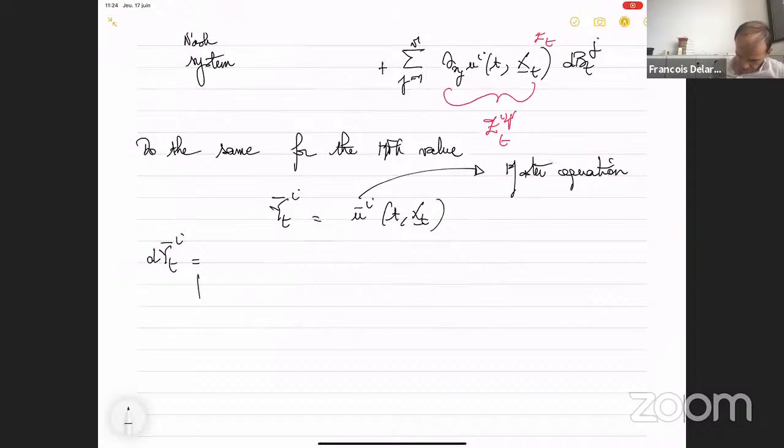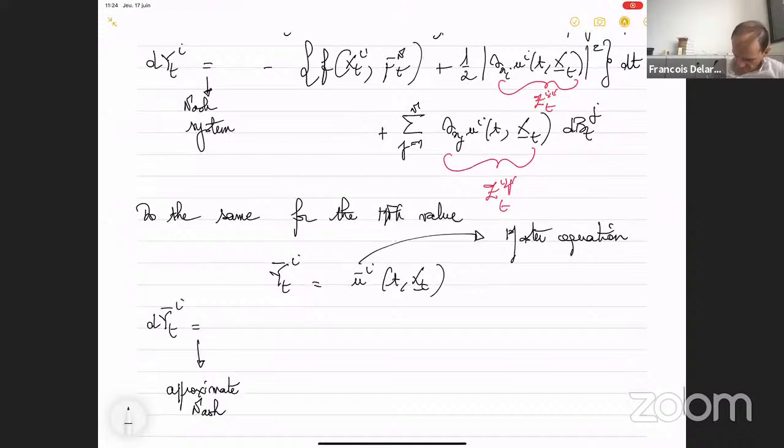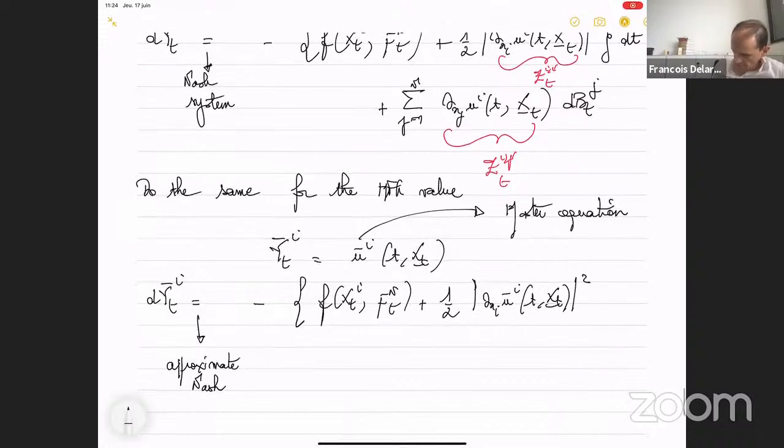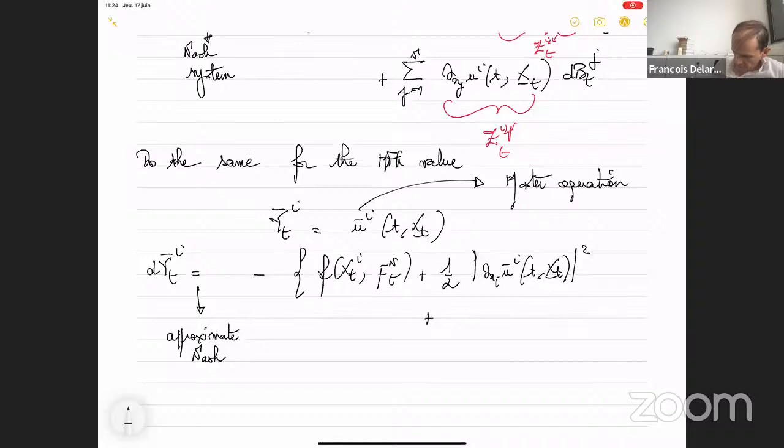And now you use the approximate Nash. So if you do this, then you get f(X_t^i, mu bar^N_t), and you have exactly the same, except that there are some subtleties. So now this is ∂_{x_i} U bar^i(t, X underline_t), because you use the same PDE structure, but you are paying for the remainder.